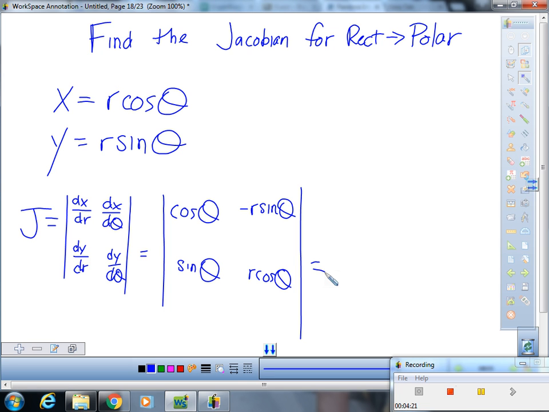Okay, so what do you get? You get r cosine squared theta minus a negative r sine squared theta, which equals what?